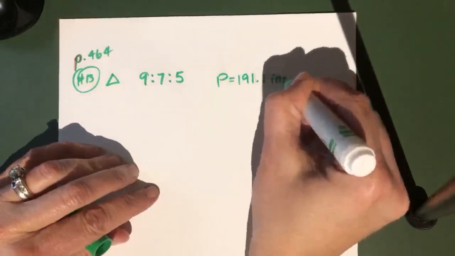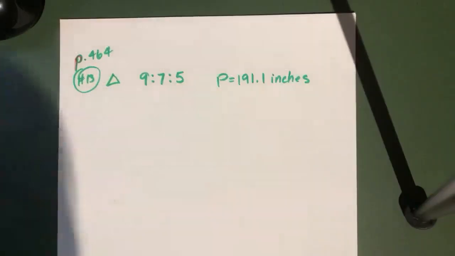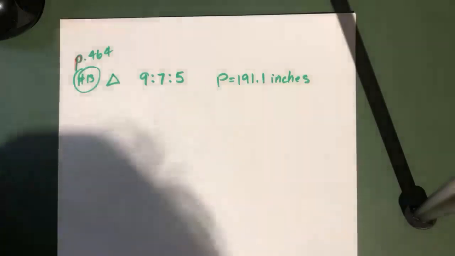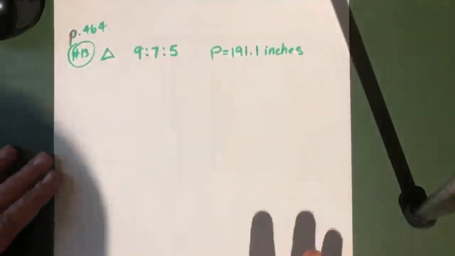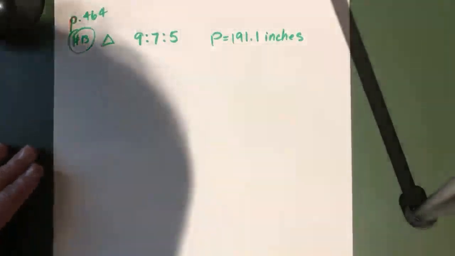Okay, so the question is, now that we know this information, can we find the measure of each side? Well, there's a certain way to do this, and you have several questions on the worksheet as well that cover this. So let me try to explain to you why we're doing what we're doing first, and then I'll go over the solution.